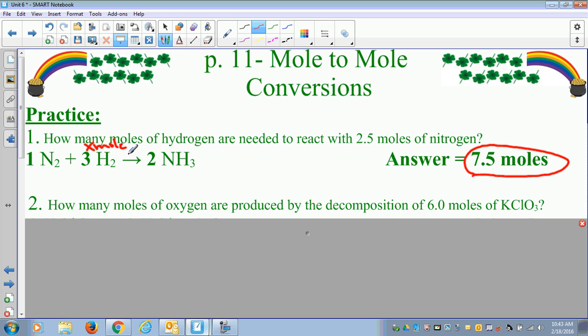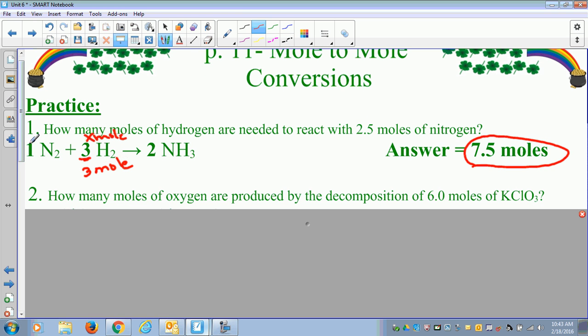So it has to say X moles. This is 3 here, so it's 3 moles, and you have 2.5 moles of nitrogen, and this is 1 mole. I have no business with this, I will just leave it alone because I'm only solving these 2 things. I'm only comparing. So I can do this, or I can do this or this. It doesn't really matter which 2 compounds it is.